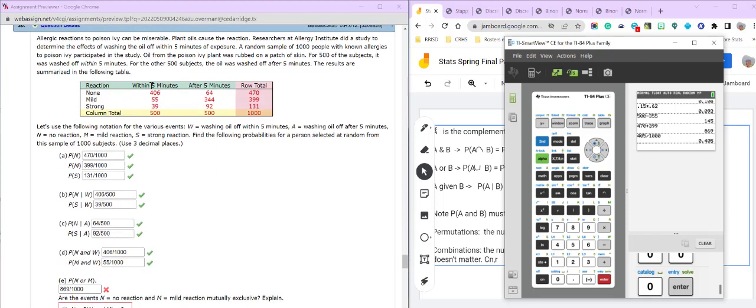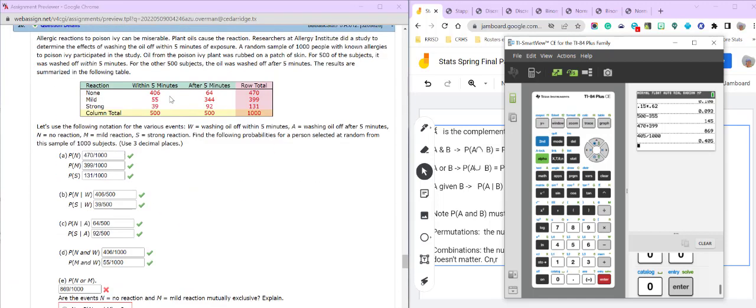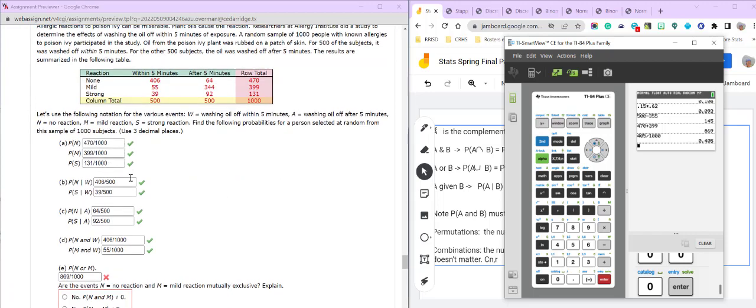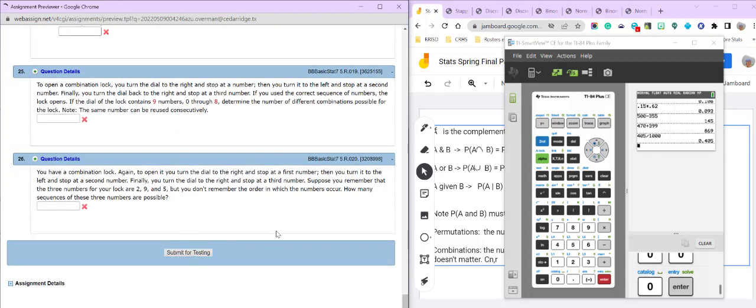So that's the N and the W, all right? So we can't just multiply them, they're dependent. You can see that no reaction depends on which column you're in. So I'm gonna say you just cannot multiply them, it won't work, right? Whoops, not yes, it should say no. They're not independent. We'll hit submit.